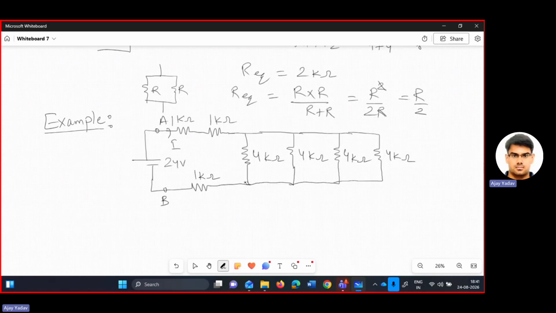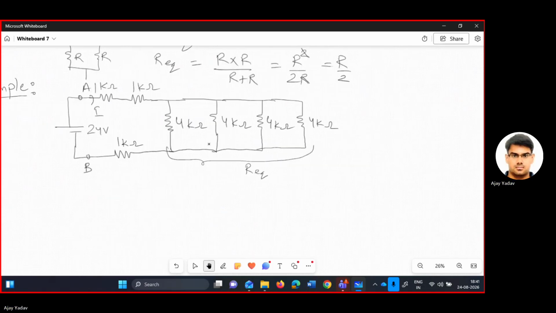So in this case, first of all, we will calculate the equivalent resistance of these, right? Suppose I write the equivalent resistance as R equivalent. So 1 by R equivalent is 1 by 4 plus 1 by 4 plus 1 by 4 plus 1 by 4, and you can simply take the LCM of 4.